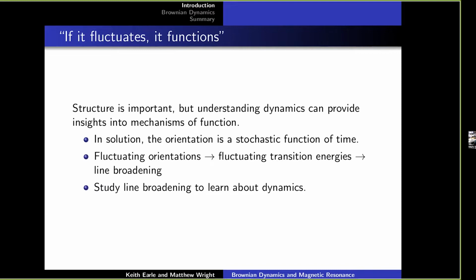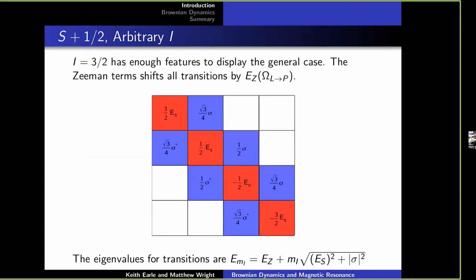I'm going to leave this up, and the cartoon flowchart is that fluctuating orientations lead to fluctuating transition energies, which lead to line broadening and also bring in these couplings of forbidden transitions that I've been mentioning earlier.